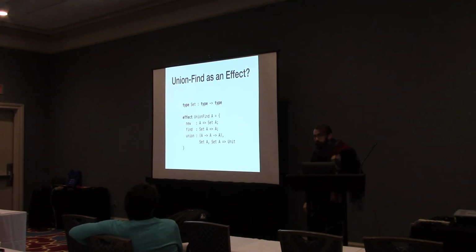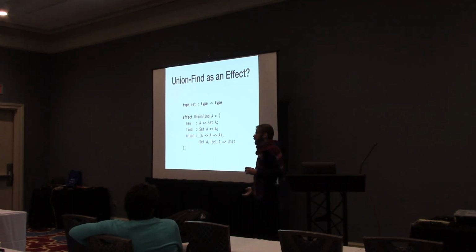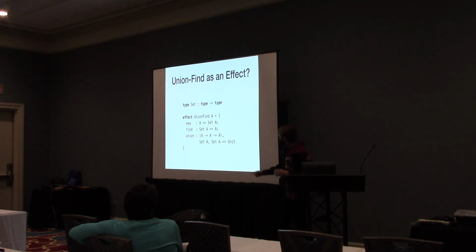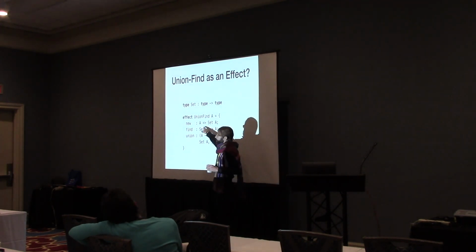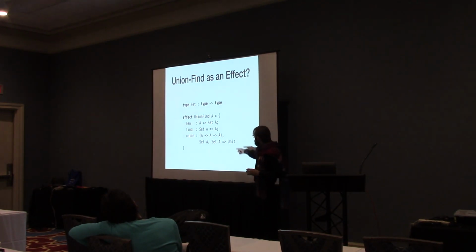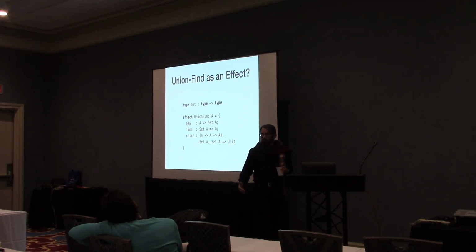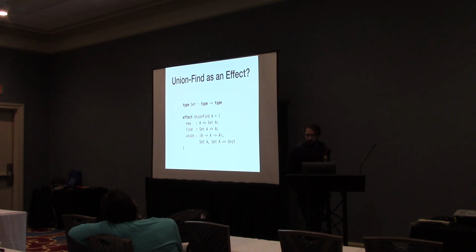Now, this is enough to implement simple union-find based algorithms. So for instance, if we had a representation of graphs where the representatives we picked here would be something simple like integers, and we wouldn't really care which one we picked here, that would be perfectly doable using this interface.